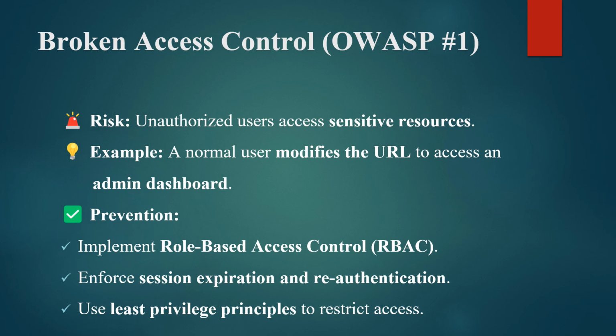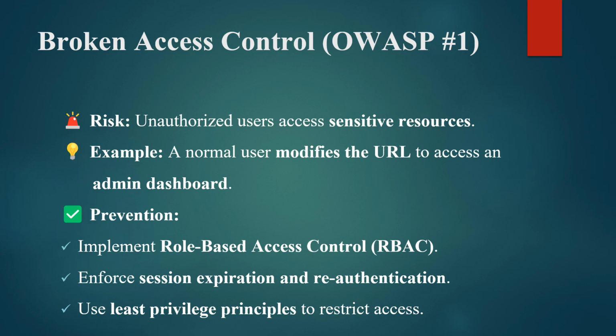Access control ensures users can only access authorized data and actions. Risk: if improperly configured, attackers can access admin pages without permission, modify sensitive settings, and delete or steal critical data. Real-world example: in 2021, broken access control flaws were responsible for 94% of security breaches.